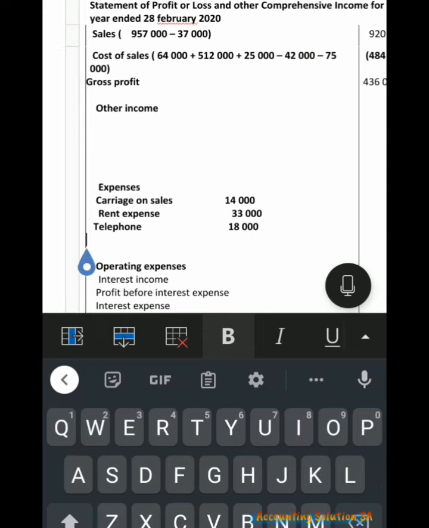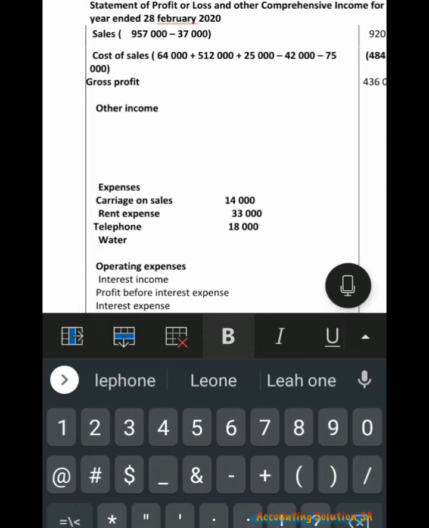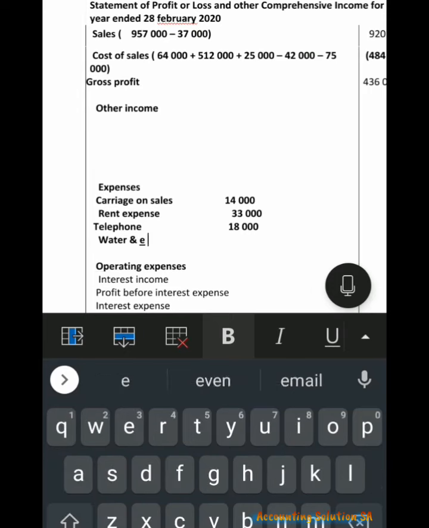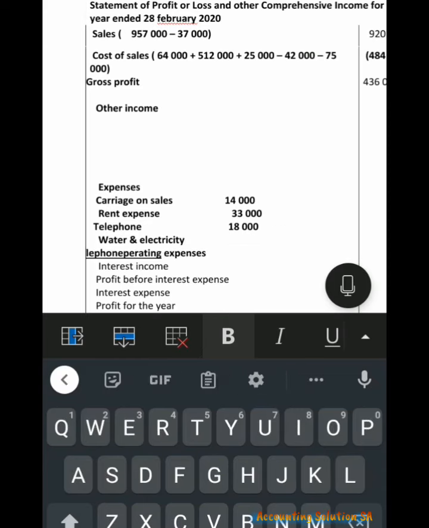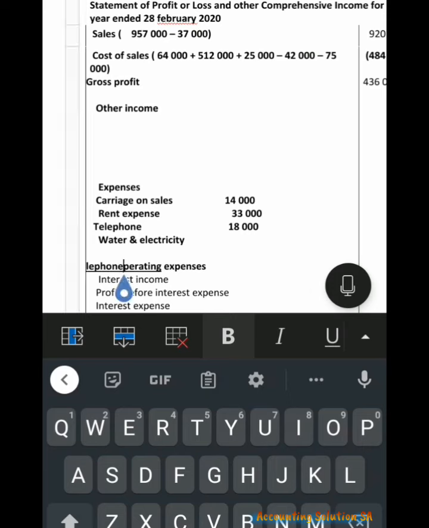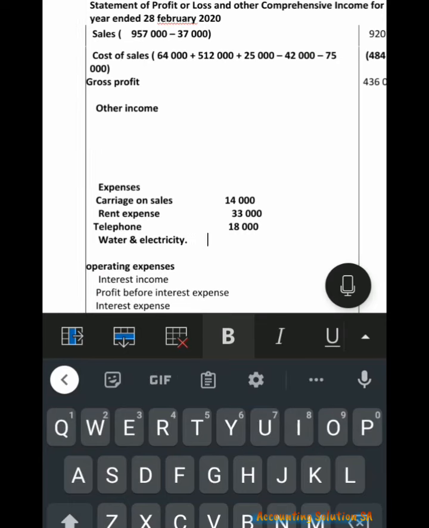Then we also have water and electricity, which is 40,000.